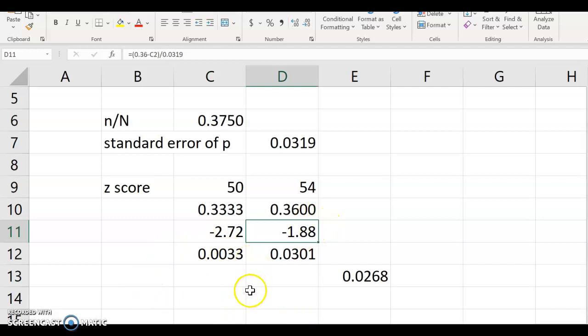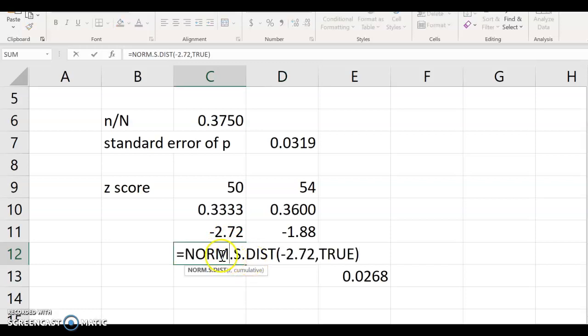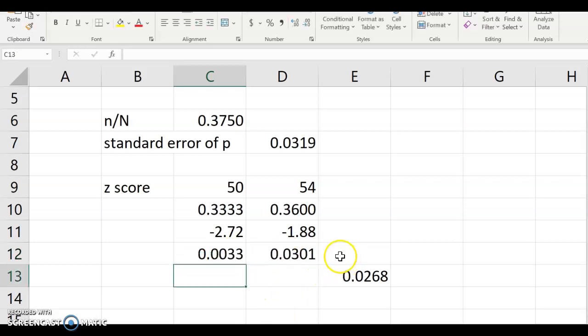Now, if we want to find the probability of it being in between 50 and 54, you have to find the probability of each of these and take the larger probability and subtract out the smaller. Now, how did I get these numbers? Well, you're going to do NORM.S.DIST, and then you're going to type in your z-score, and you want it to be cumulative, so you want to type in TRUE.